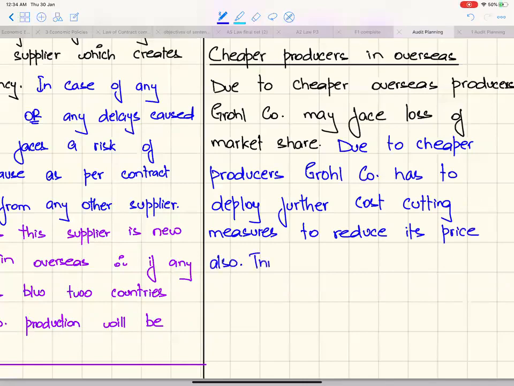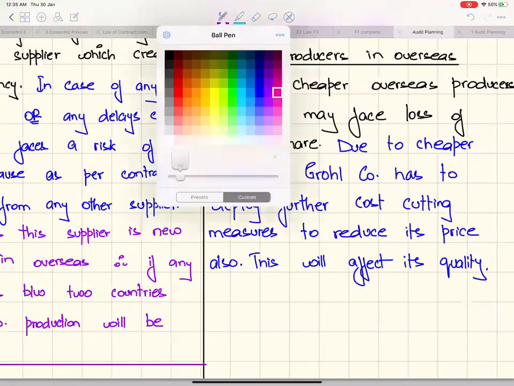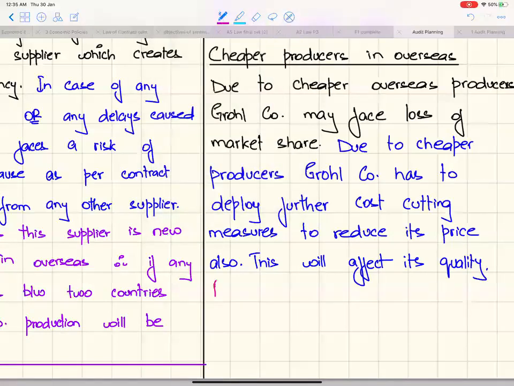This will affect its quality. Now, I am giving a financial support. Revenue has already declined.